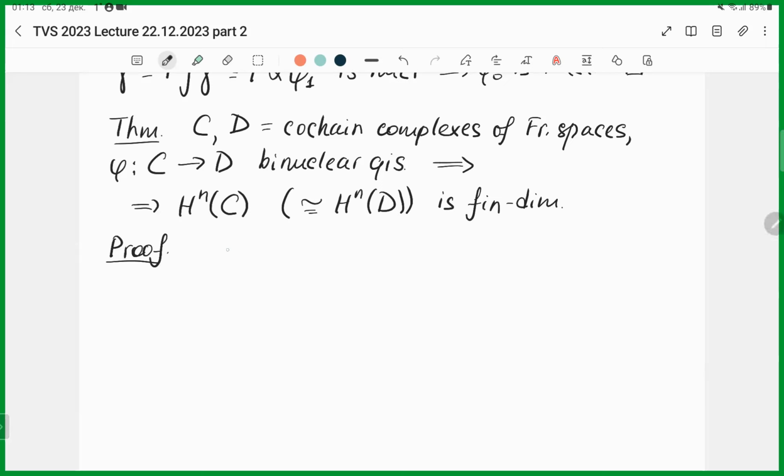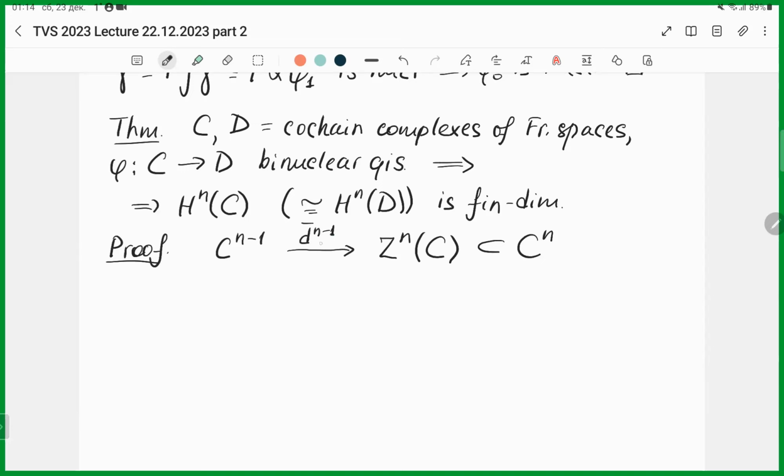So this is Cn minus 1. The differential of the complex C takes Cn minus 1 to the subspace of n cocycles, which will be denoted by Zn of C. It is contained in Cn. Let's denote this map by d bar n minus 1.